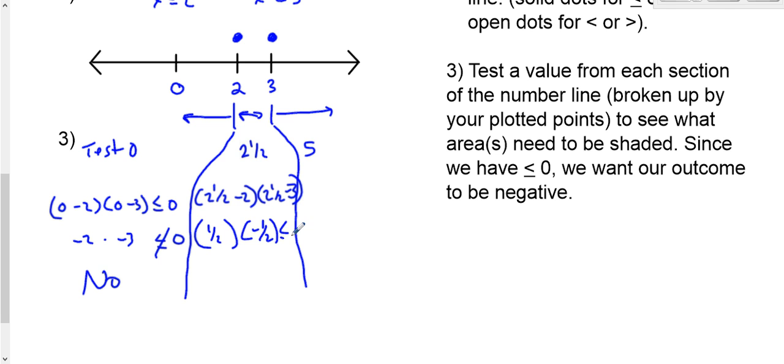Is that going to be less than or equal to 0? Well, that's a positive value and a negative value, and that's one negative. So that is going to be a negative answer. So yes.